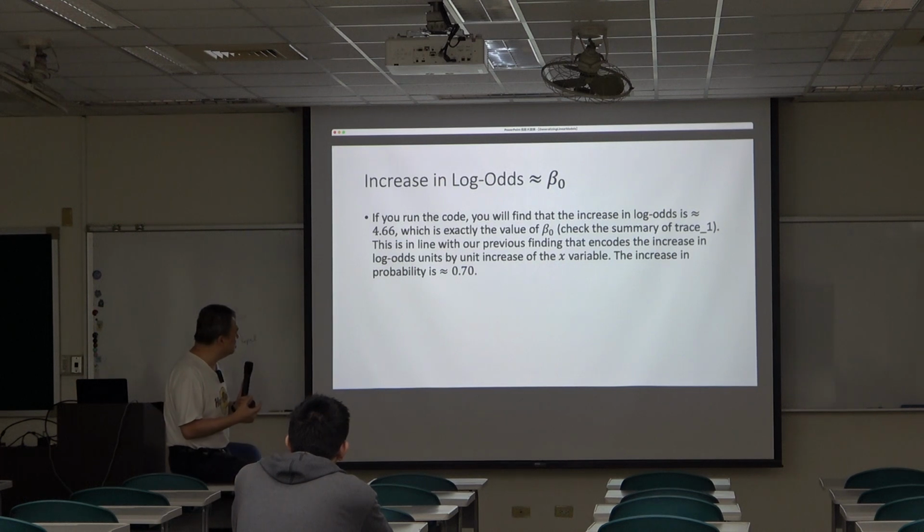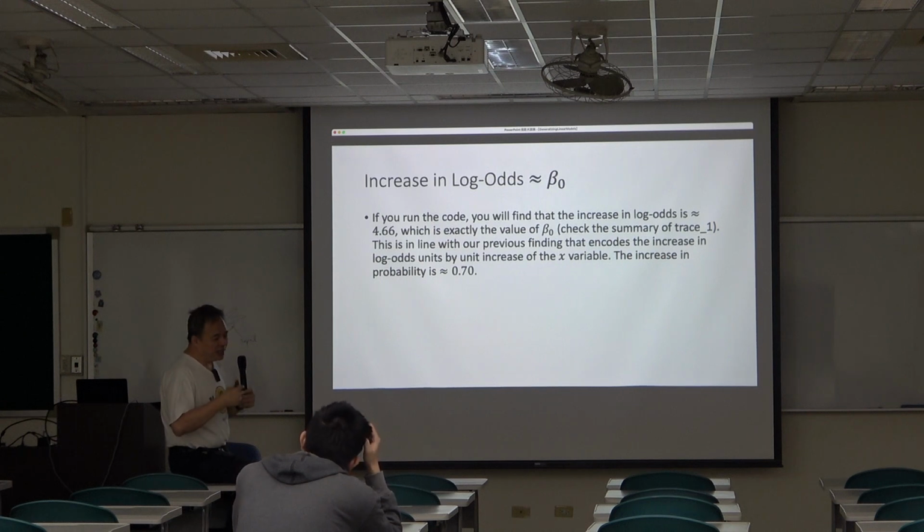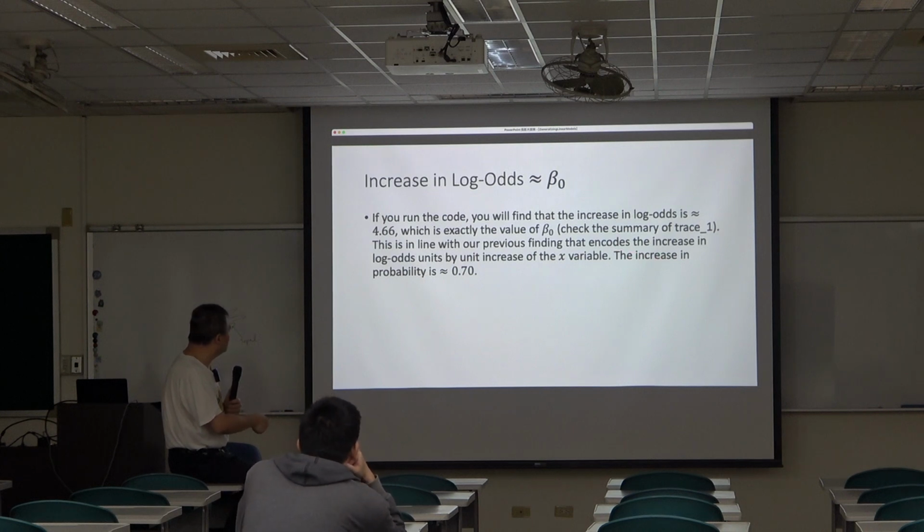The reason they are different is that we are talking about a posterior, which is a distribution, so it has something to do with sampling. Sometimes it's slightly different, but the difference is almost negligible. So this is in line with our previous finding: the coefficient encodes the increase in log odds for a unit increase of the x variable.